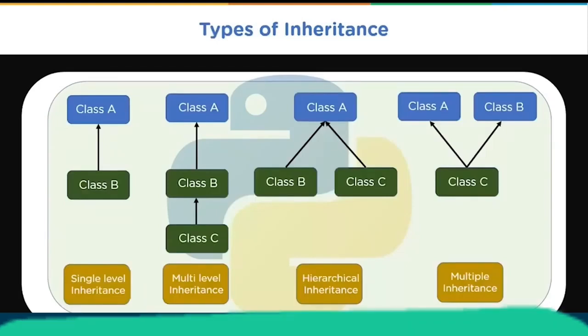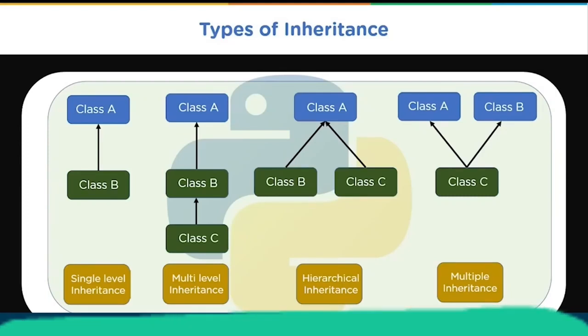So let's take a look at the different types of inheritance which are available. You have single level, in which only one child is inheriting the properties and attributes from the parent. Then you have multi-level, in which class B has inherited from class A, and then you have another class C which is inheriting from class B. This is an example of multi-level, and we will be supporting all these concepts with an example in our Python notebook.